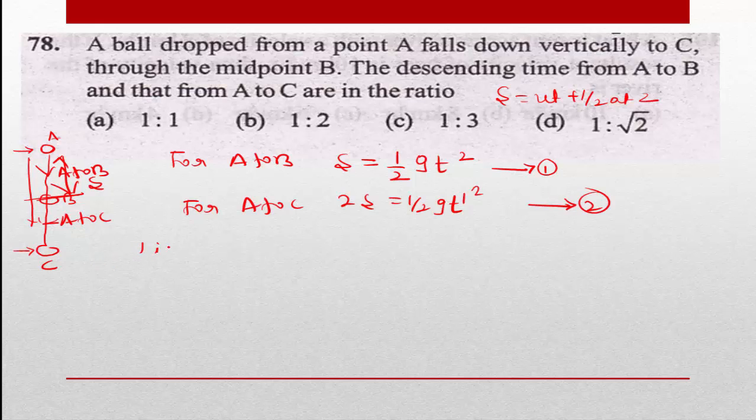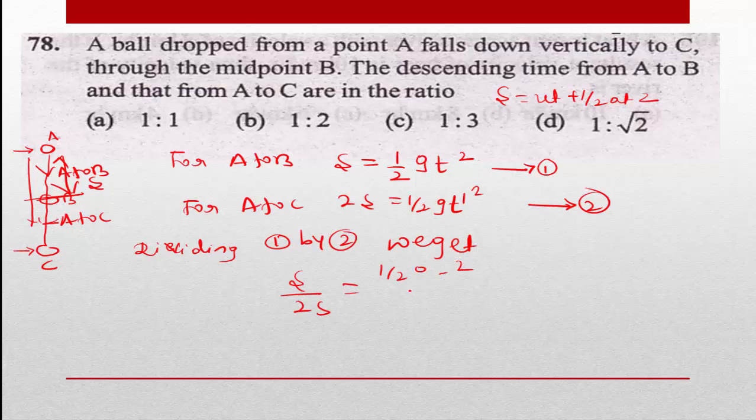Dividing equation 1 by 2 to calculate the ratio, that is s divided by 2s is equal to 1 by 2 into g t square divided by 1 by 2 into g into t dash whole square.